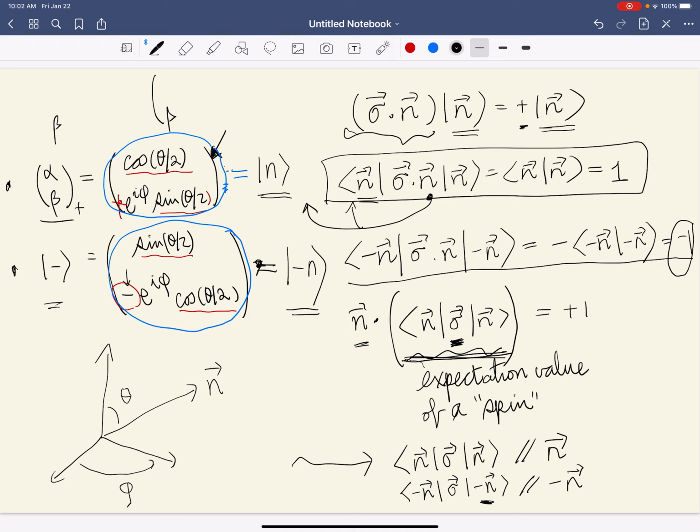Okay, so then we come to a physically appealing interpretation of this n state as a kind of a vector pointing along the direction of the n vector, and the interpretation of this minus n state as a kind of a vector pointing along the opposite direction, along minus n.